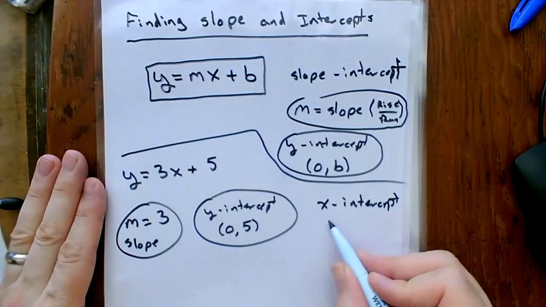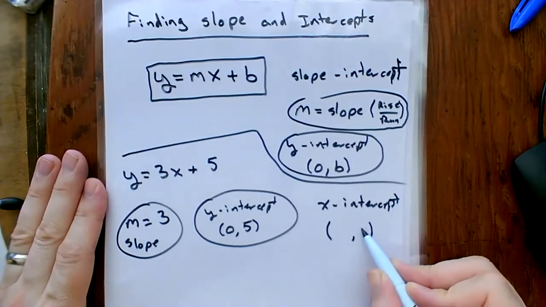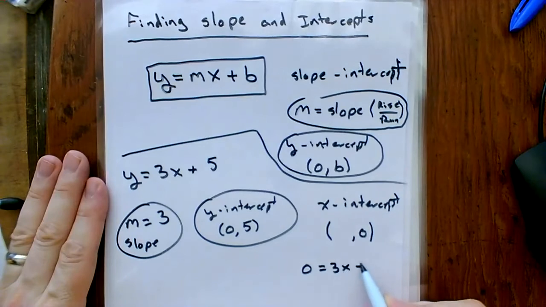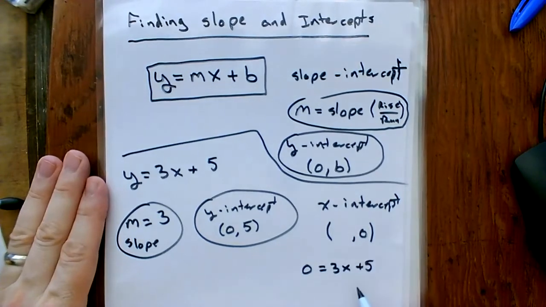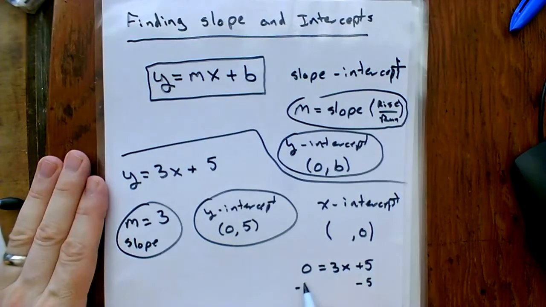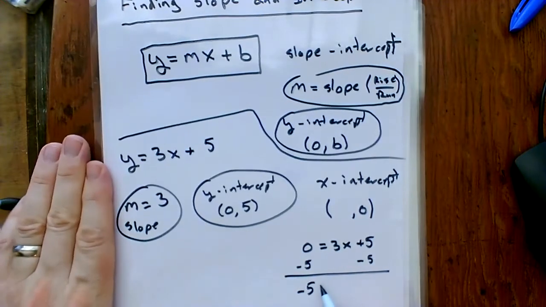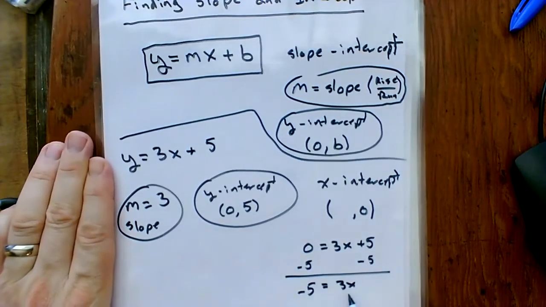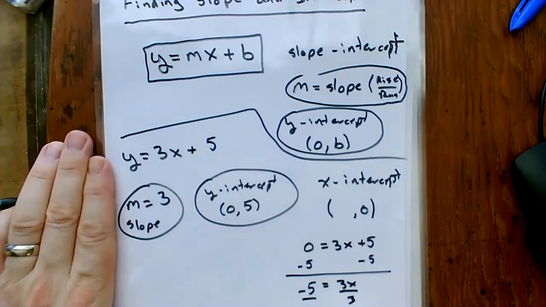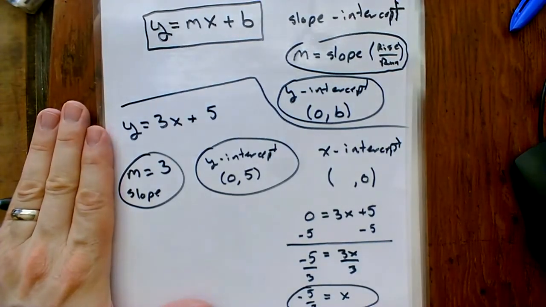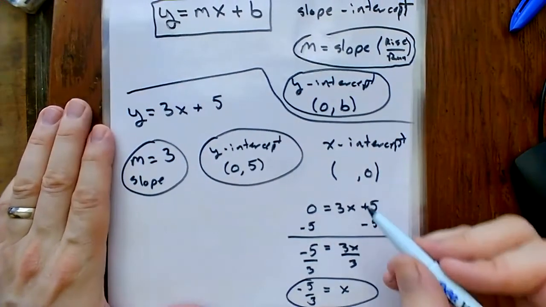So if 0 = 3x + 5, I subtract 5 from both sides and get -5 = 3x, then divide both sides by 3, and I end up with x = -5/3. That might seem like an ugly value, but it's okay. Fractions happen.